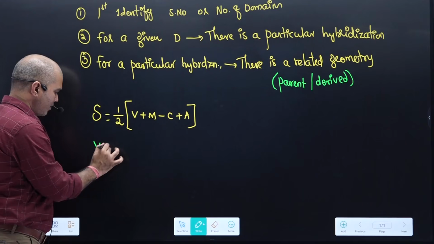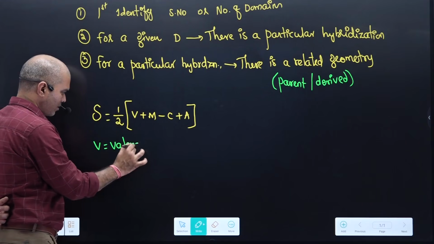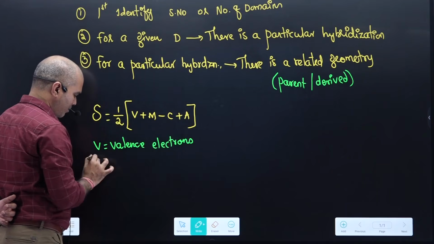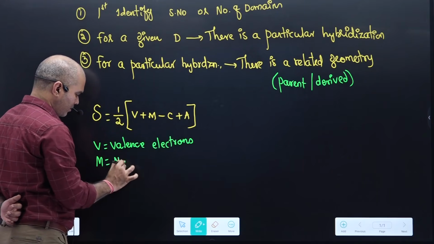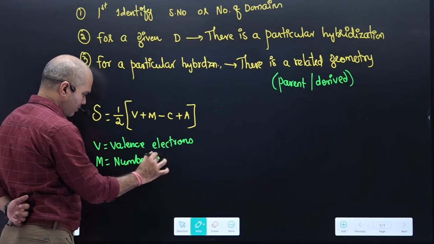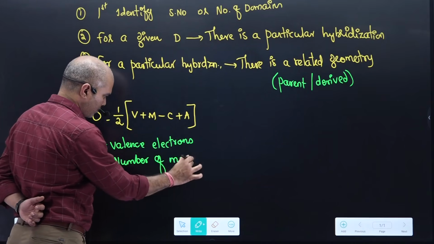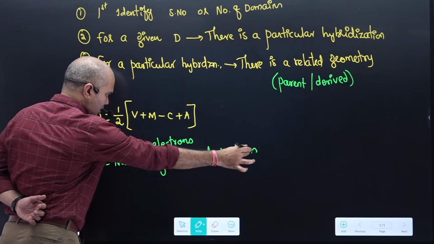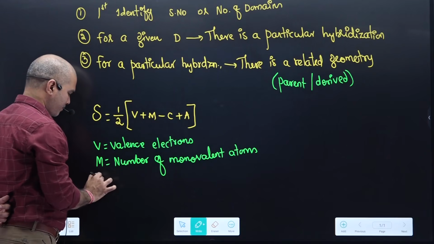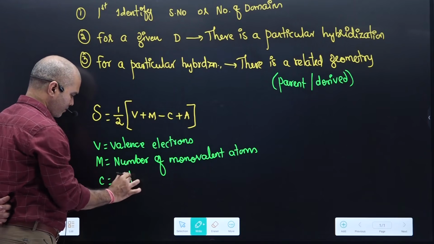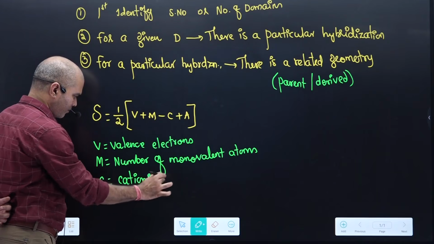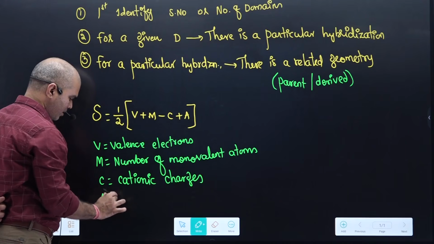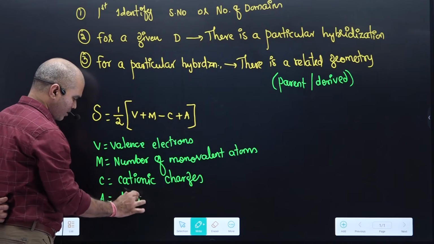V represents valence electrons, M represents number of monovalent atoms. You are considering only monovalent atoms. C represents cationic charges, A represents anionic charges.